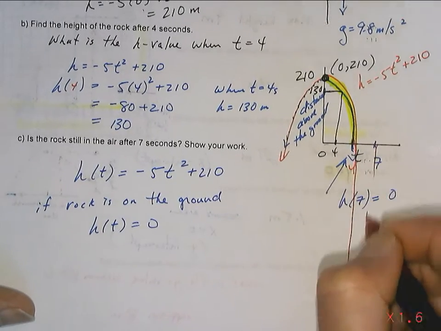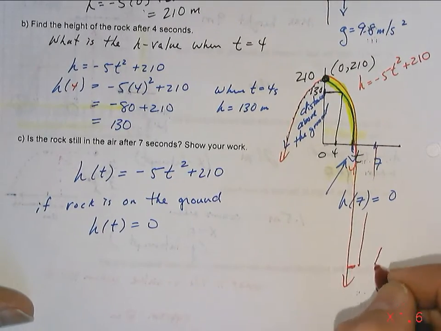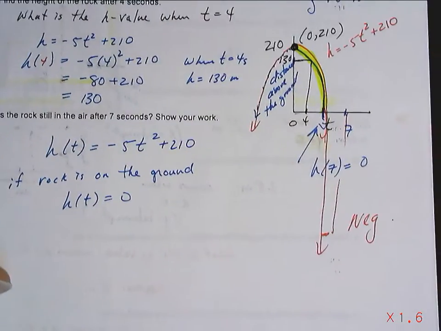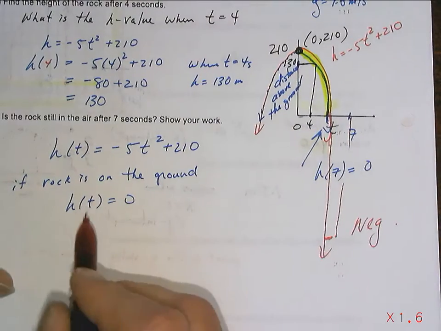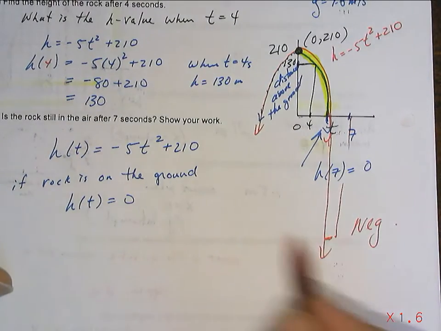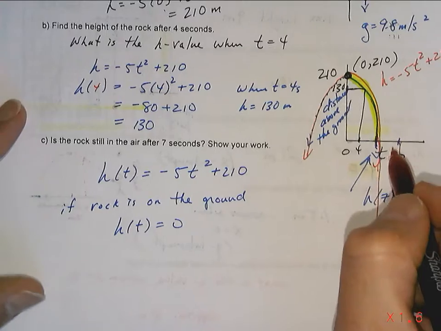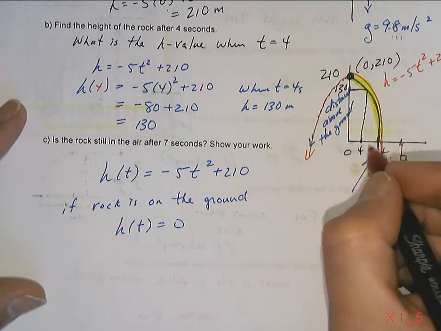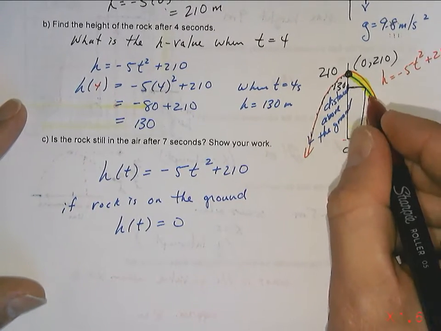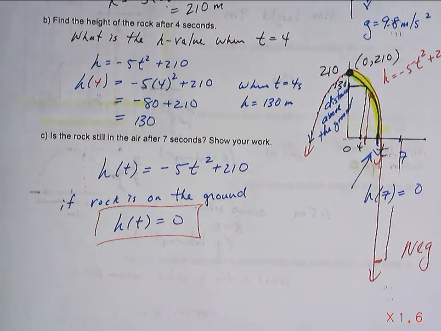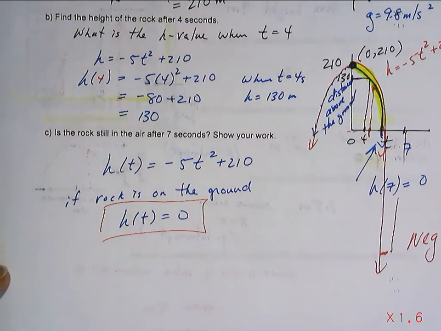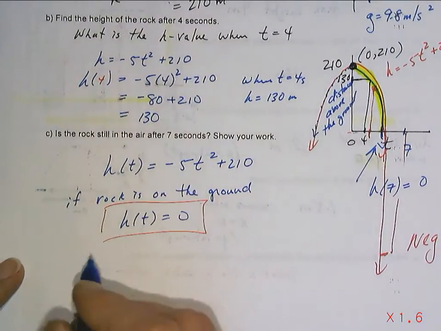So I would come down here and hit the parabola at a negative number. If 7 is after I hit the ground, h of 7 will be a negative number. And if 7 is before it hits the ground, I'm going to get a positive value. So it all depends on whether I get a positive or negative value when I put in t equals 7.